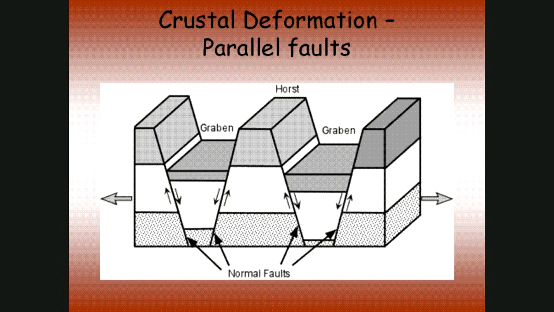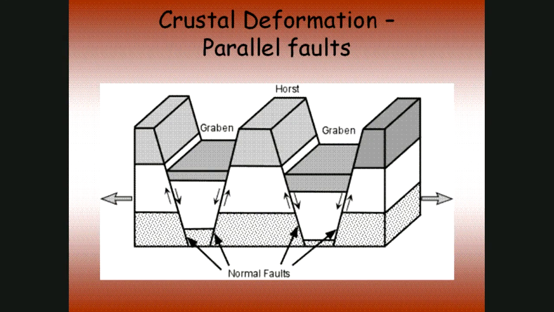Oh, here's an interesting one here. This was first defined by German geologists when they said, well, what if we get almost parallel faults? And, you know, I can imagine, I can even see that under tensional stress, one might drop down between two others. Well, that's this set of formations.